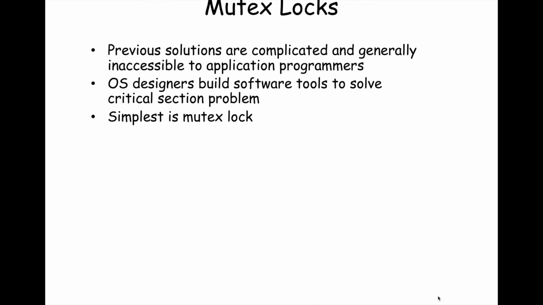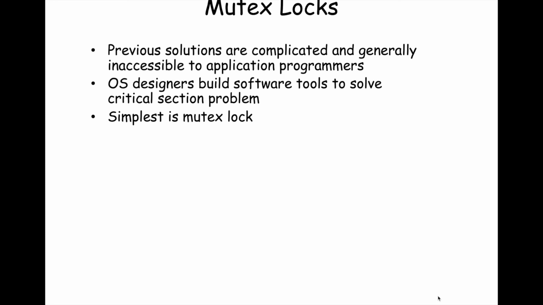Mutex stands for mutual exclusion. What that means is that for any two processes that want to access a critical section, only one at a time can access it. Many of these solutions, like Peterson's solution, can be very complicated. And often when something's complicated, there are services provided for the programmer or software engineer to make it a little easier.